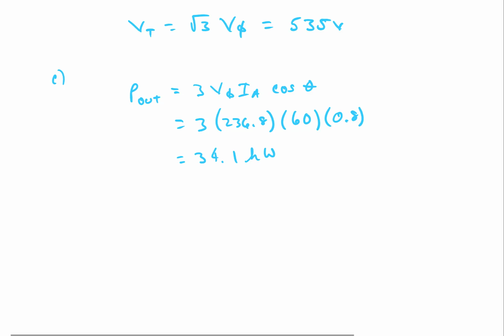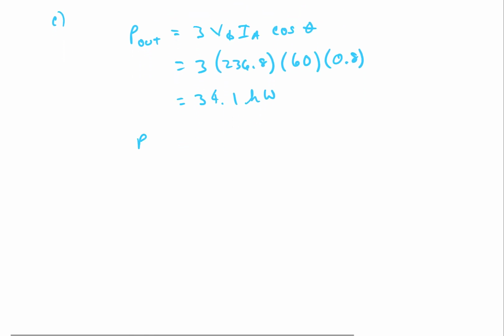Okay, so 34.1 kilowatts, our output power. Our input power, P in, is equal to our output power plus our losses. So our I squared R losses plus our core losses plus our mechanical losses, or our friction and windage losses. Okay, so we have all of these values.